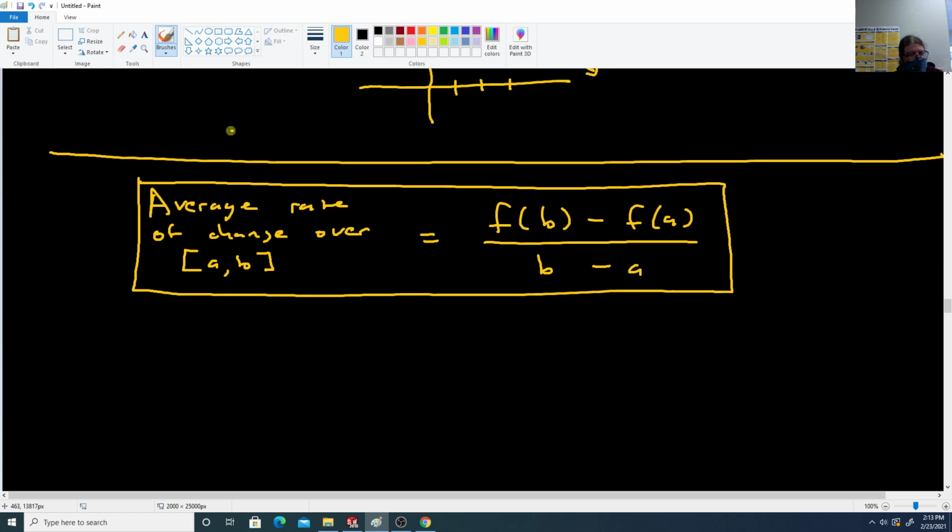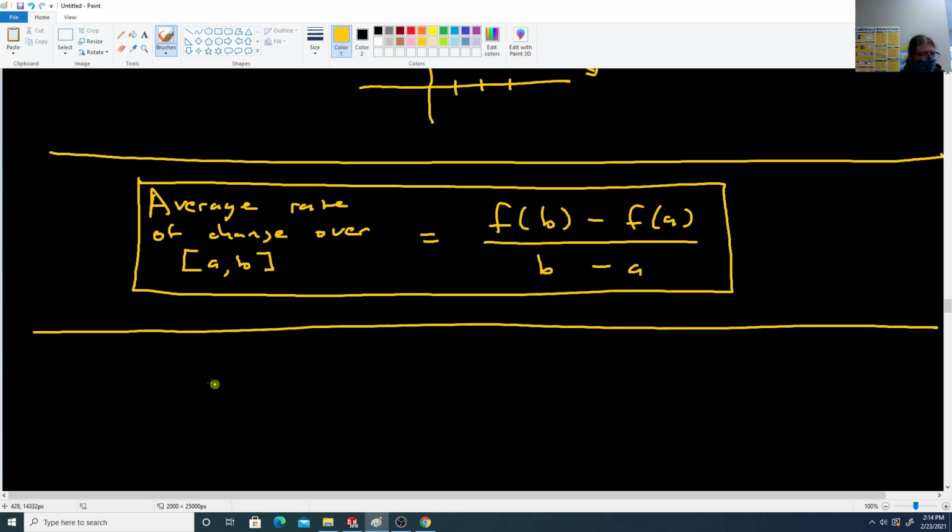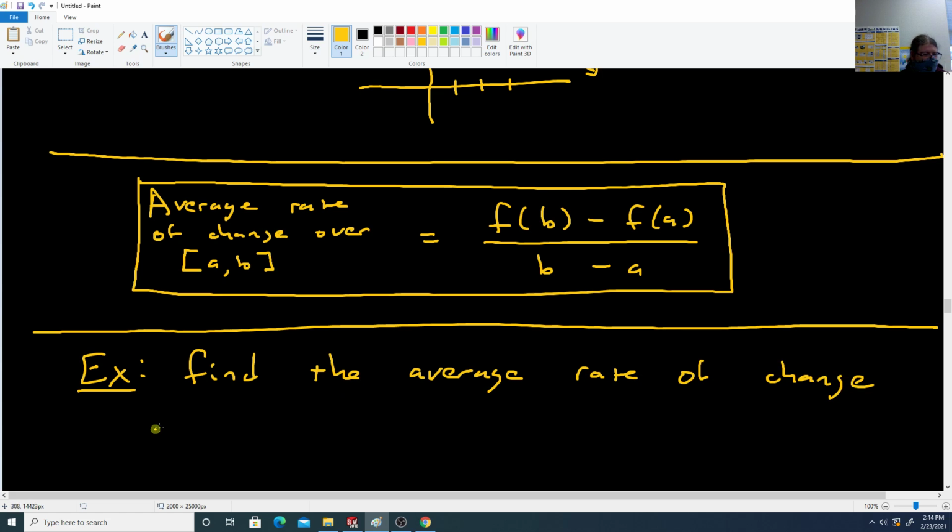So we'll just do a quick example to show you all how this works, and then that's good enough for section 2.4. So we want to find the average rate of change of the expression f of x equals x squared plus x plus 2 over the interval 1 up to 3.